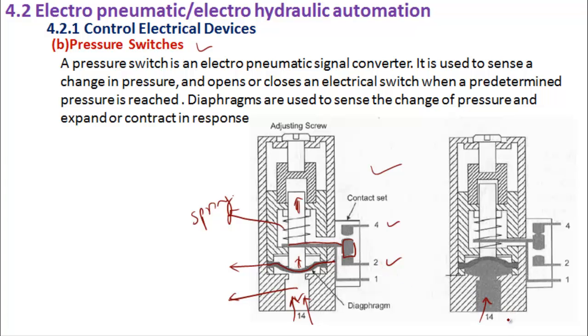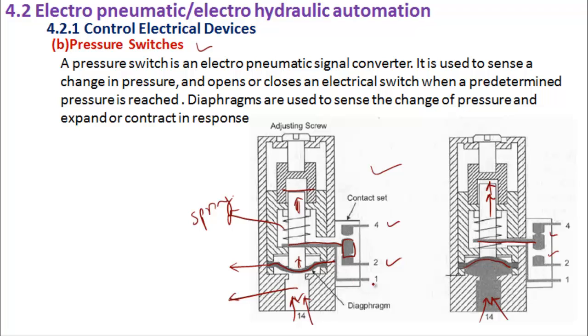Whereas when some fluid enters there, because of the pressure with which the fluid is entering, the diaphragm will push up, because of which the rod will also push up. So see, previously the rod was here, now it has pushed up and reached all the way up to here. When it has reached up to here, what happened with that rod? This contact has shifted from 2 and gone and touched to 4.